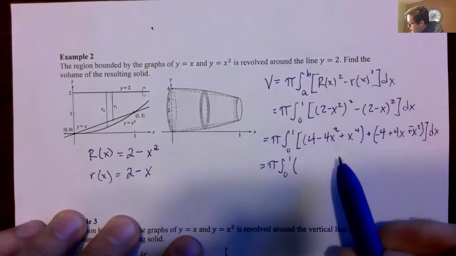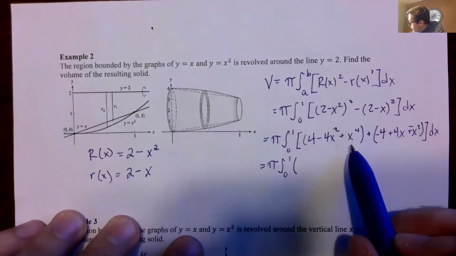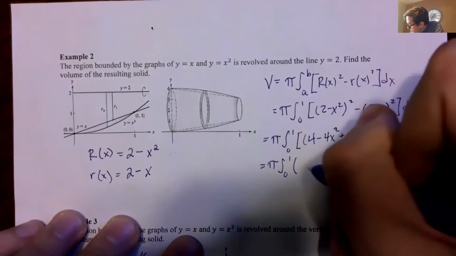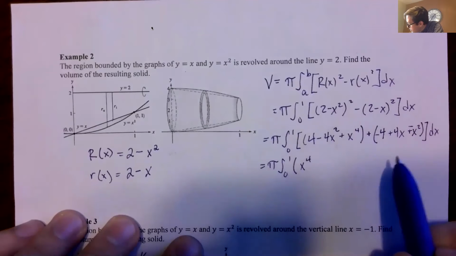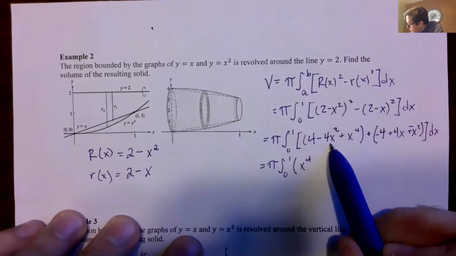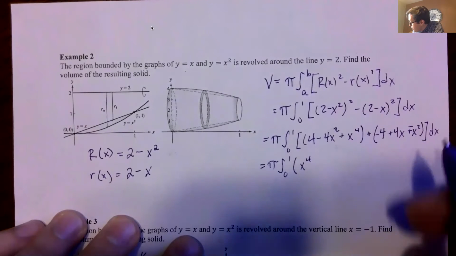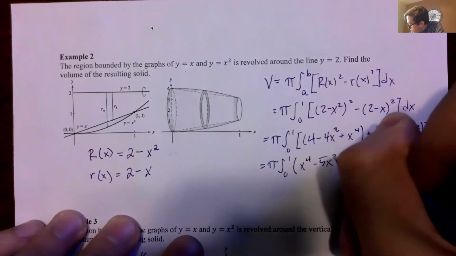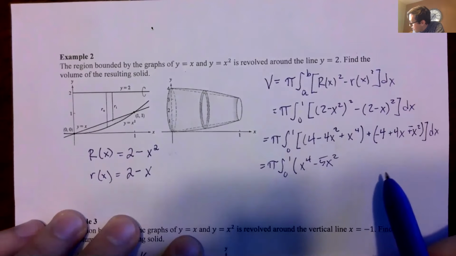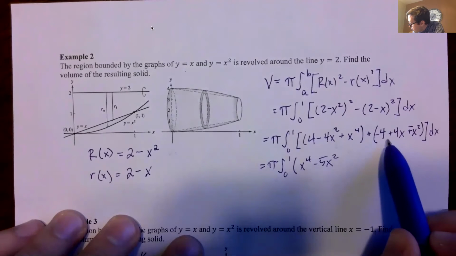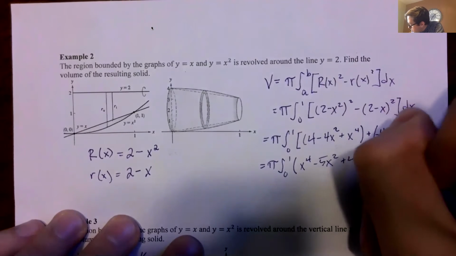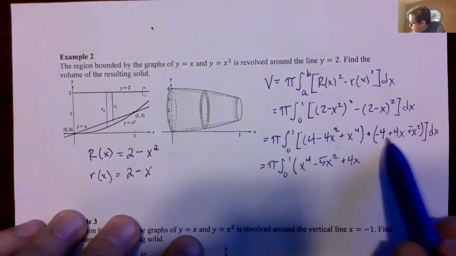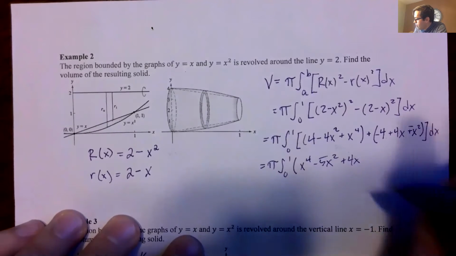What do we get? We have x to the fourth is the biggest. We have a negative 4x squared minus x squared, so we have minus 5x squared. And then we have plus 4x, and 4 minus 4, so the constants go away.